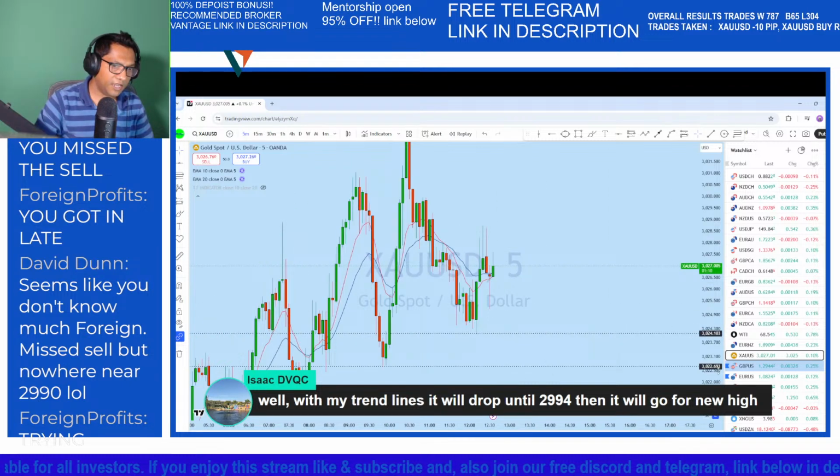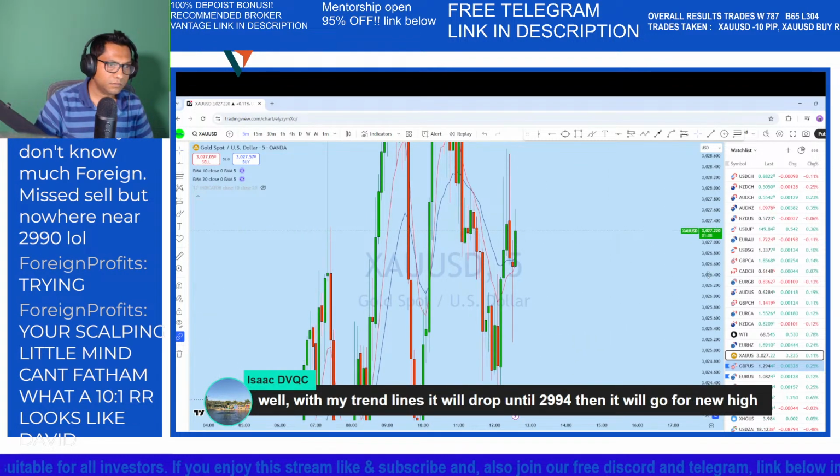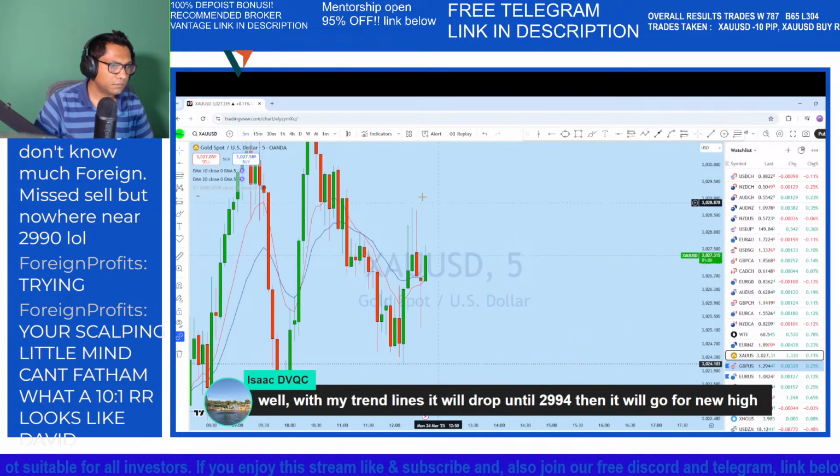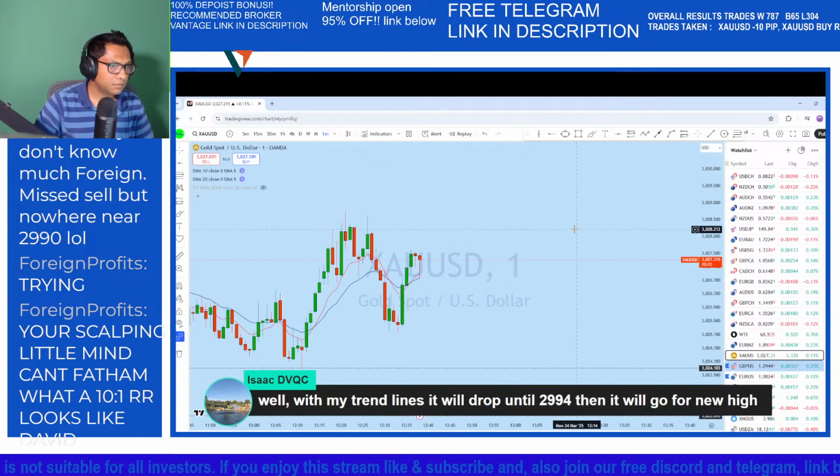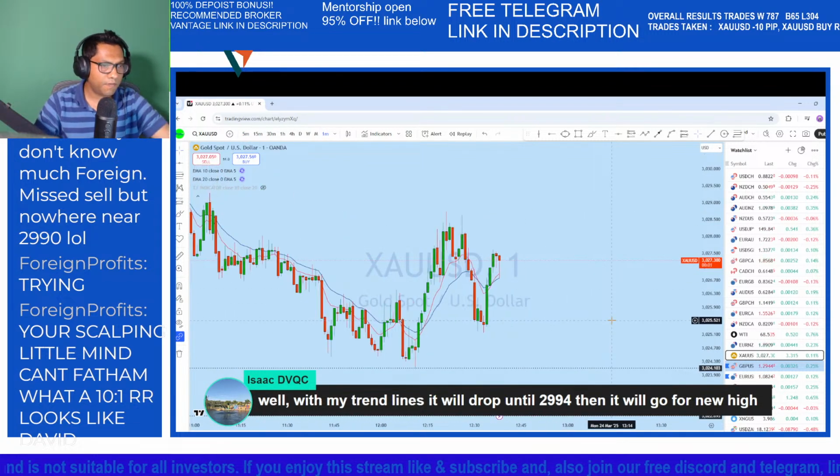There's a doji here again. Also there is a long wick.